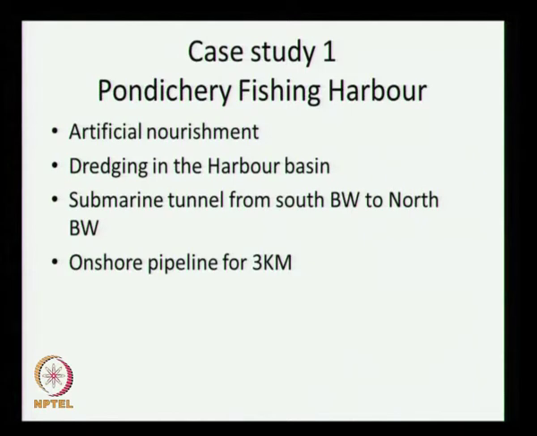In Pondicherry fishing harbour, this shoreline is protected by various means, by sea walls, but what we have suggested is artificial nourishment. This artificial nourishment is a continuous process, we have to carry out every year.